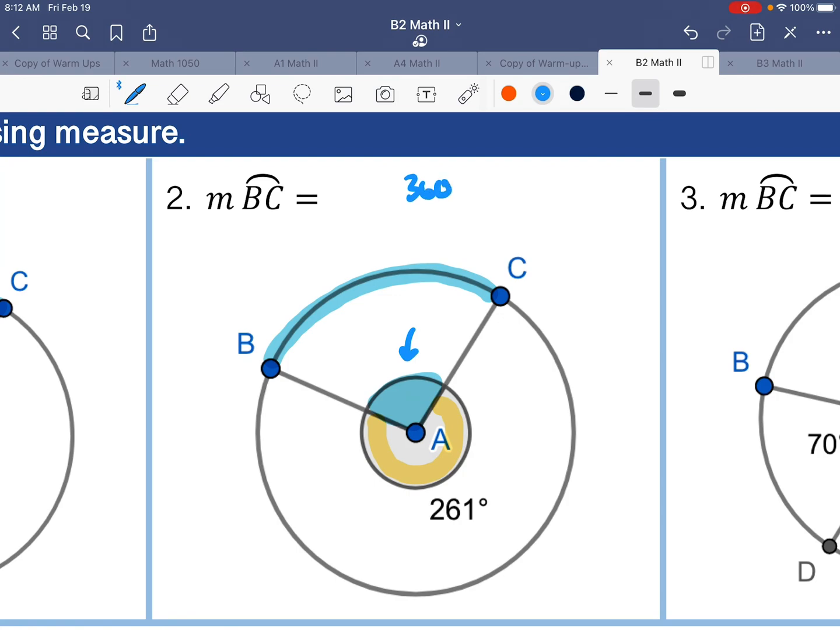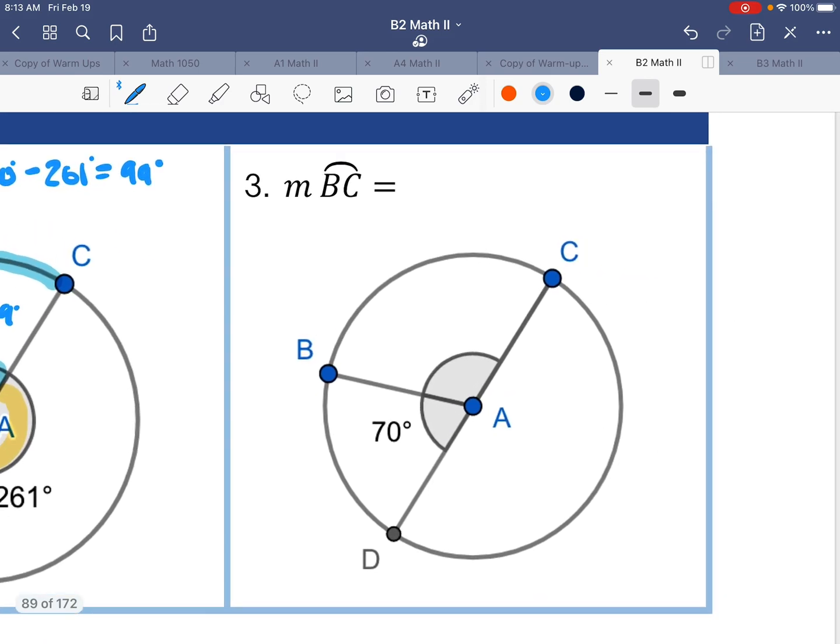That math looks like 360 minus 261 equals 99 degrees. So this is 99, and so is this. That is the measure of that angle and the arc.